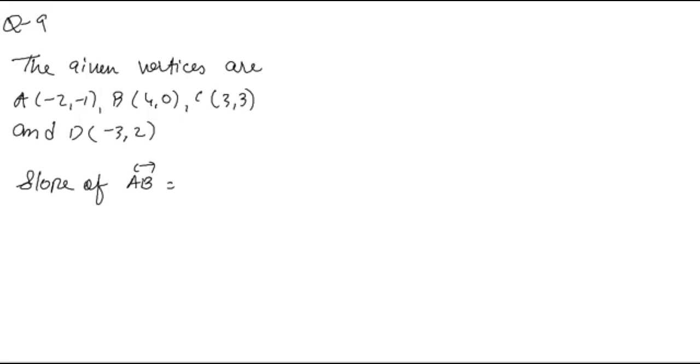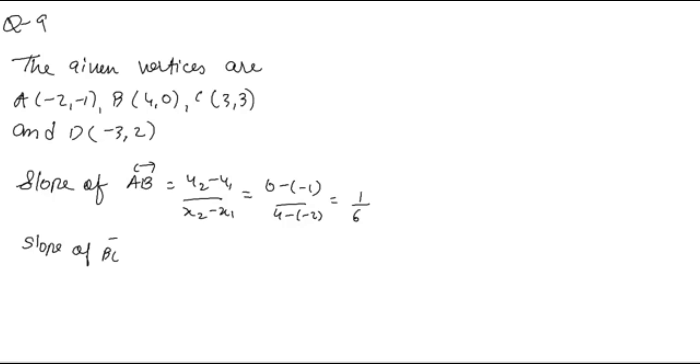So y2 minus y1 upon x2 minus x1, 0 minus minus 1 upon 4 minus minus 2. So it will be 1 upon 6. Slope of BC is y2 minus y1 upon x2 minus x1.